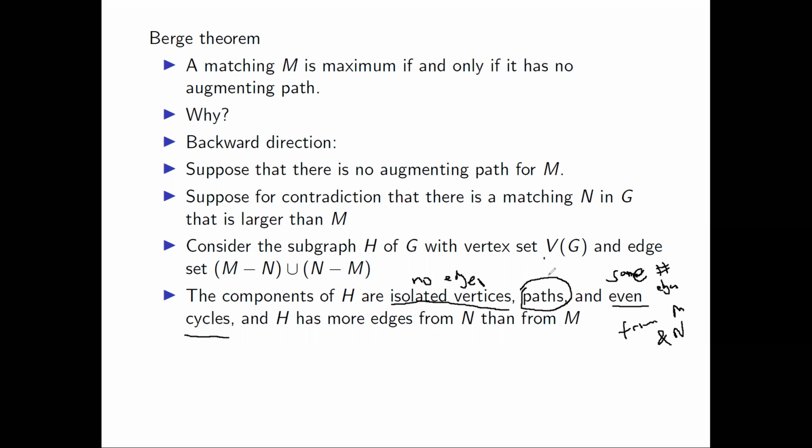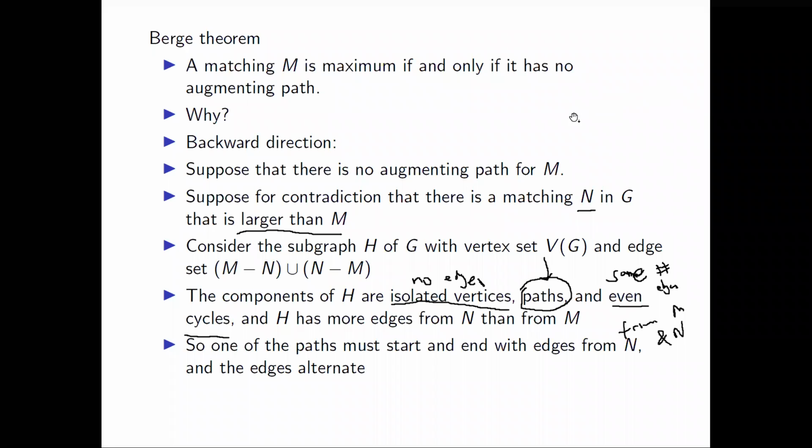And so these paths are going to be helpful to us. The reason why they're helpful is because N is larger than M. And that tells us that one of the paths must have more edges from N on it than from M, because the isolated vertices can't have more edges from N than M because they have no edges.